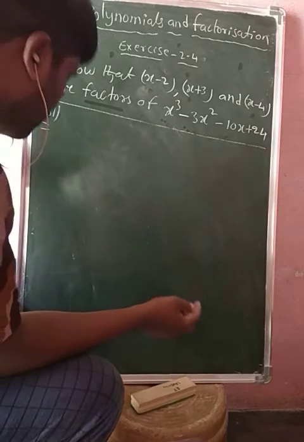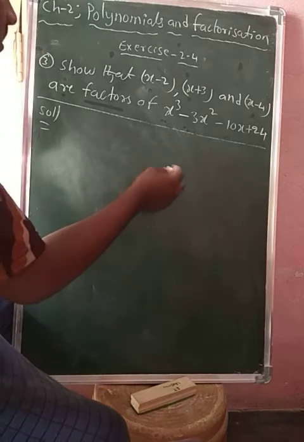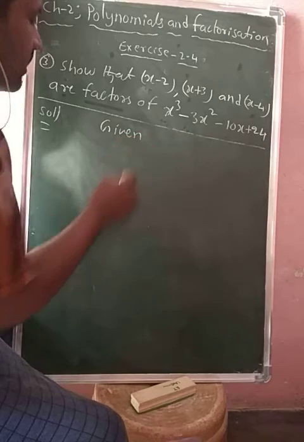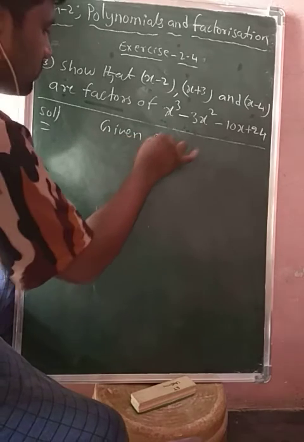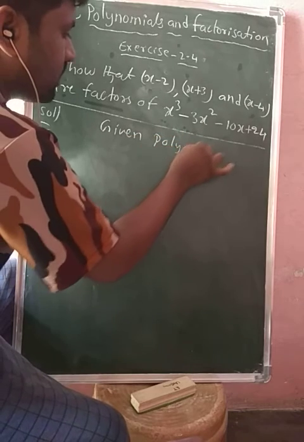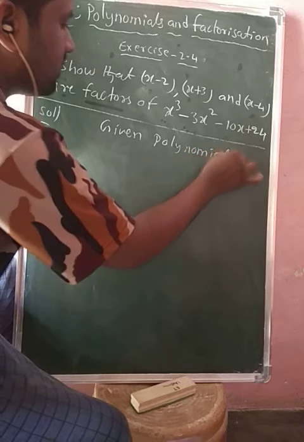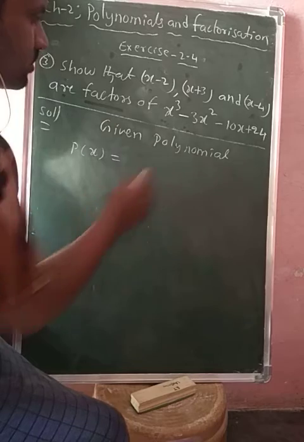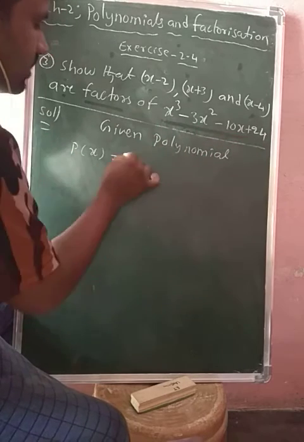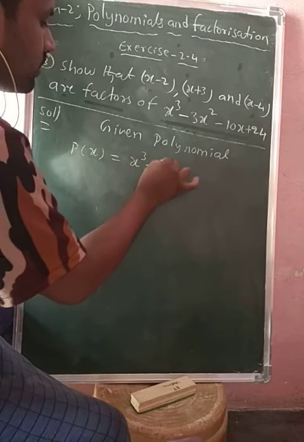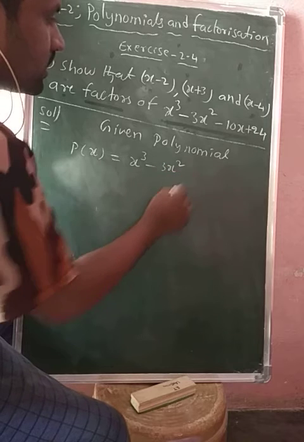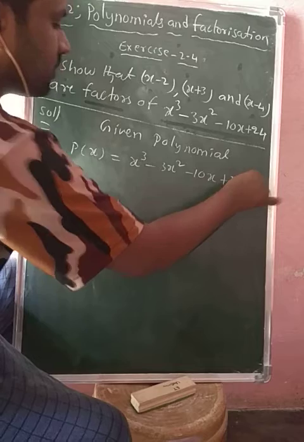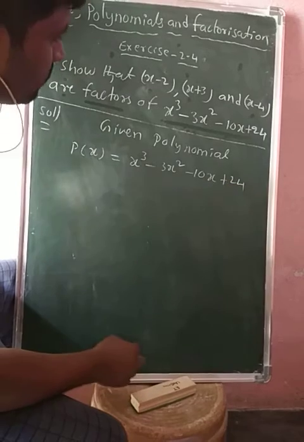Okay, so now I am taking the first one, the given polynomial, that is p of x is equal to x cube minus 3x square minus 10x plus 24.